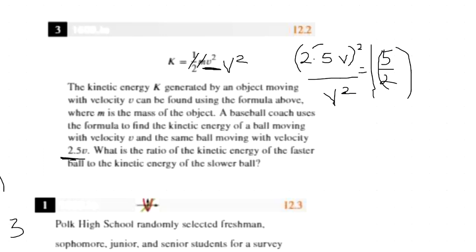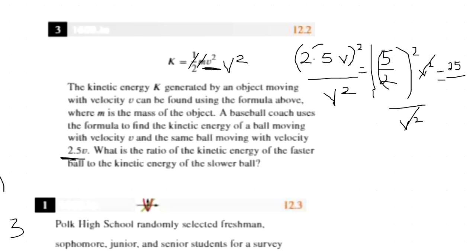then v squared over v squared. Now v squared cancels out v squared. Now I'm left with this. And this is given as what? 25 over 4. And this is your final answer. 25 over 4.